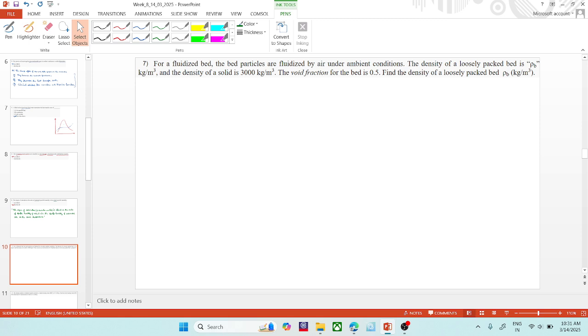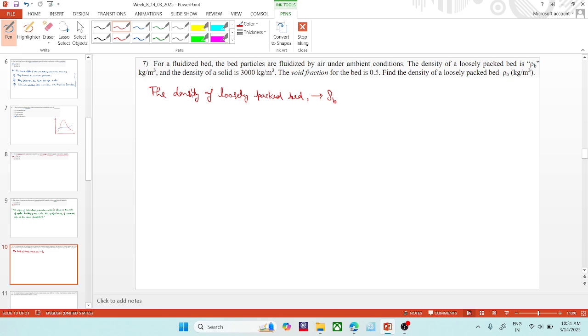Let me write the things provided here. The density of loosely packed bed is provided as rho b.